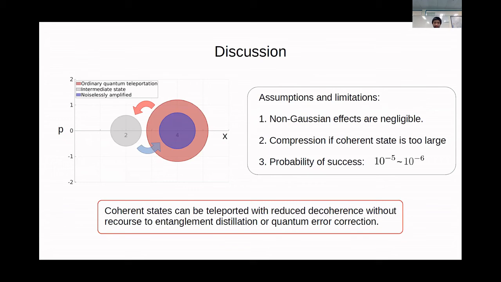So it must be stressed that this teleportation protocol with reduced decoherence cannot be deployed immediately into some sort of QKD or repeater setup, in spite of the increase in fidelity.